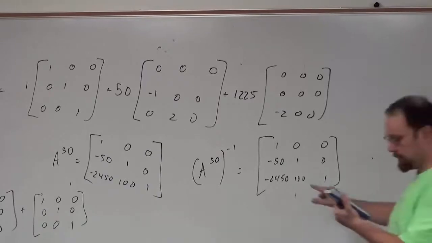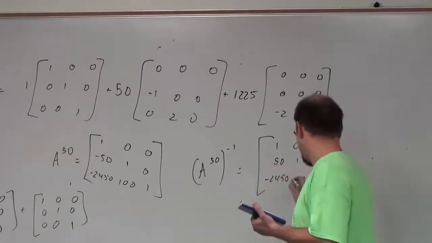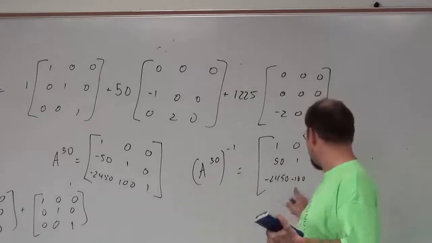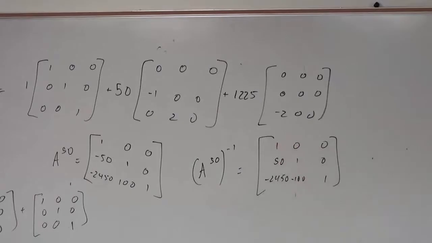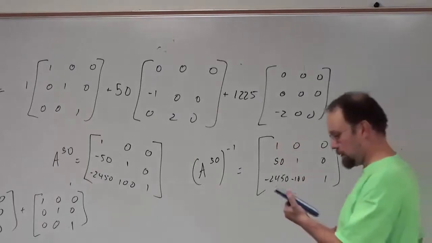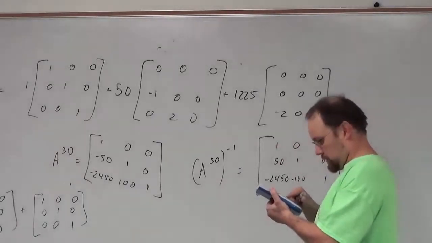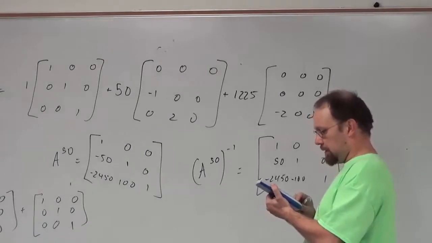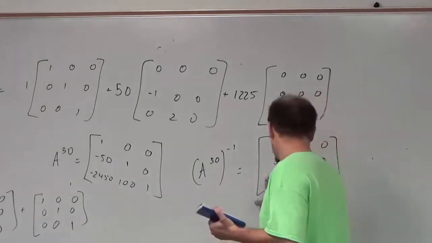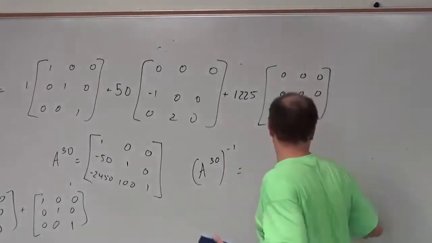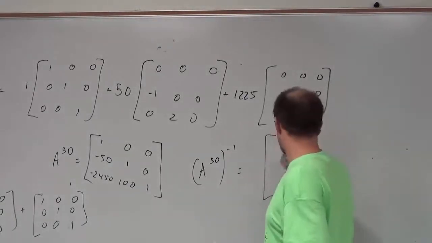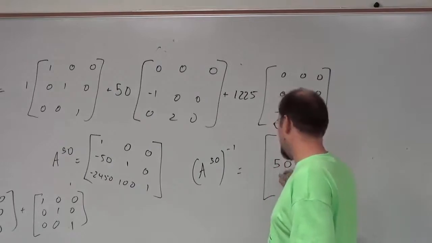Oh, no, wait a minute. What am I doing? It's not quite itself. This turned negative 100, this turned positive 50. So there you go. It's not the same. And this became, let me double check. Right. It's not itself. It just got so close that it fooled me.